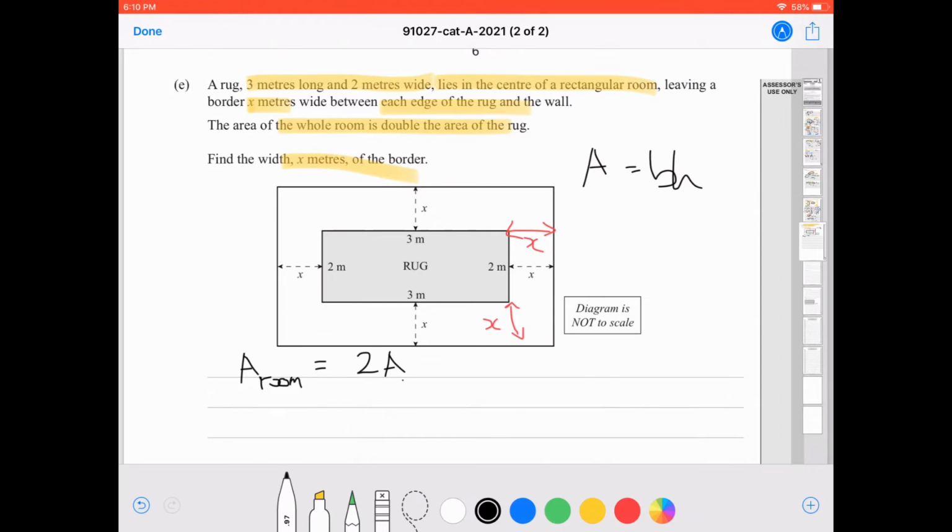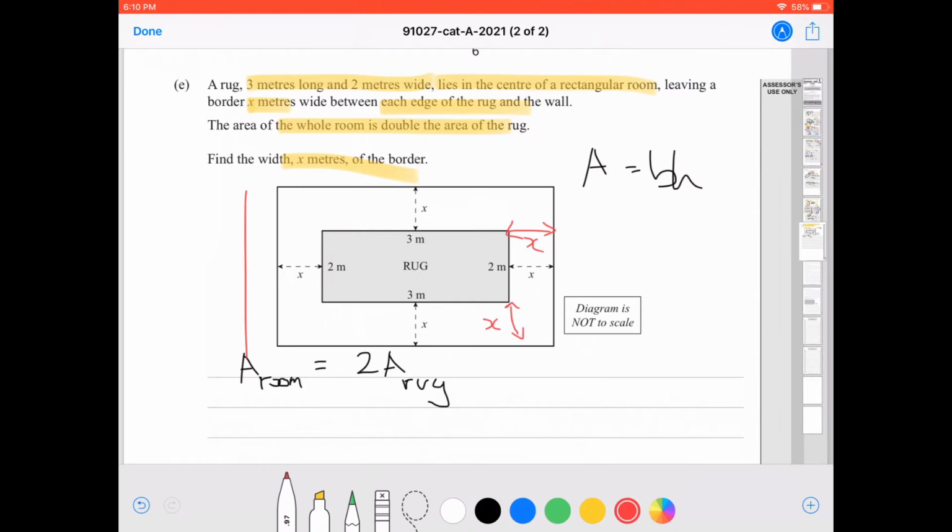Area rug. And so we can substitute in some lengths here, remembering base times height. Now we haven't actually found our base and our height, or our length and our width, for the room. So for the room, this is going to be our width.